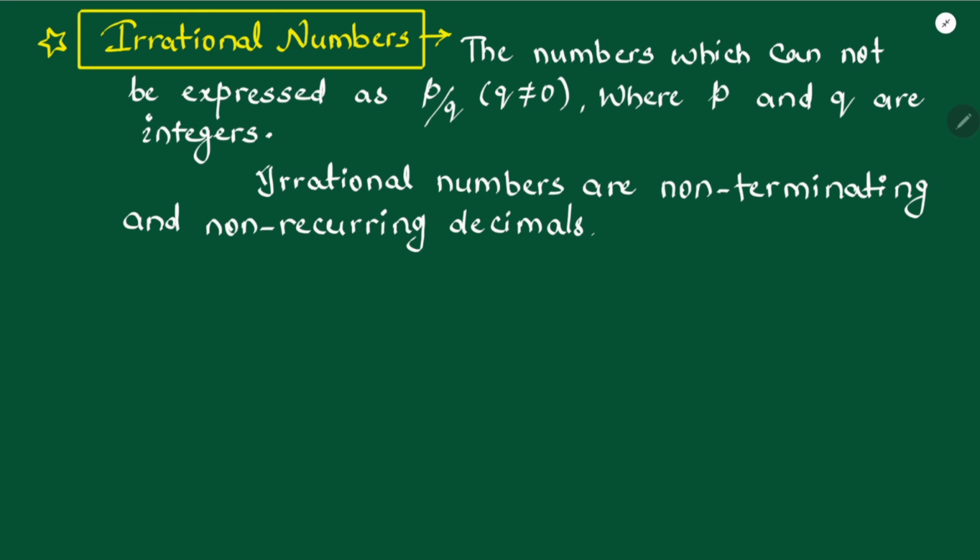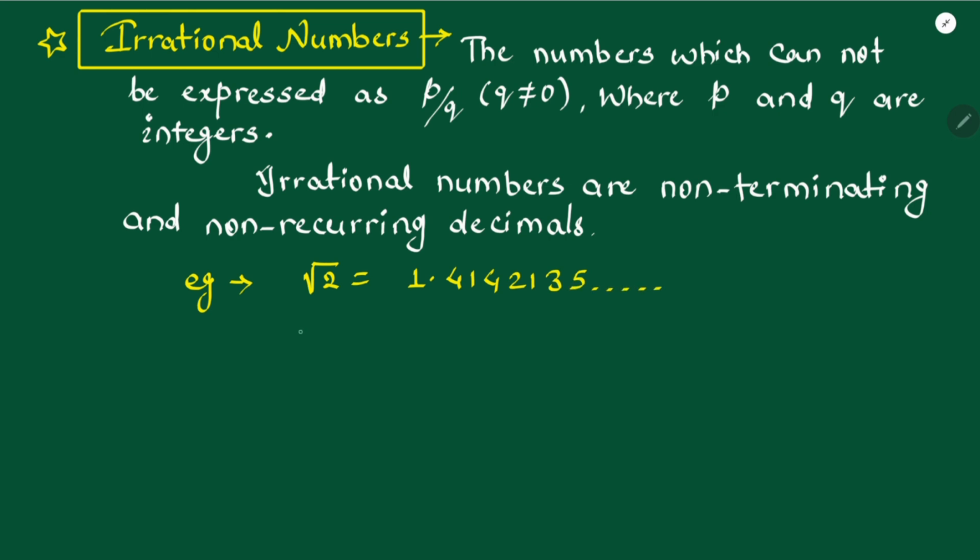For that, let's take some examples of irrational numbers. Our first example can be root 2. If you use your calculator to find the value of root 2, you will get something like 1.41422135, and this will go on forever.